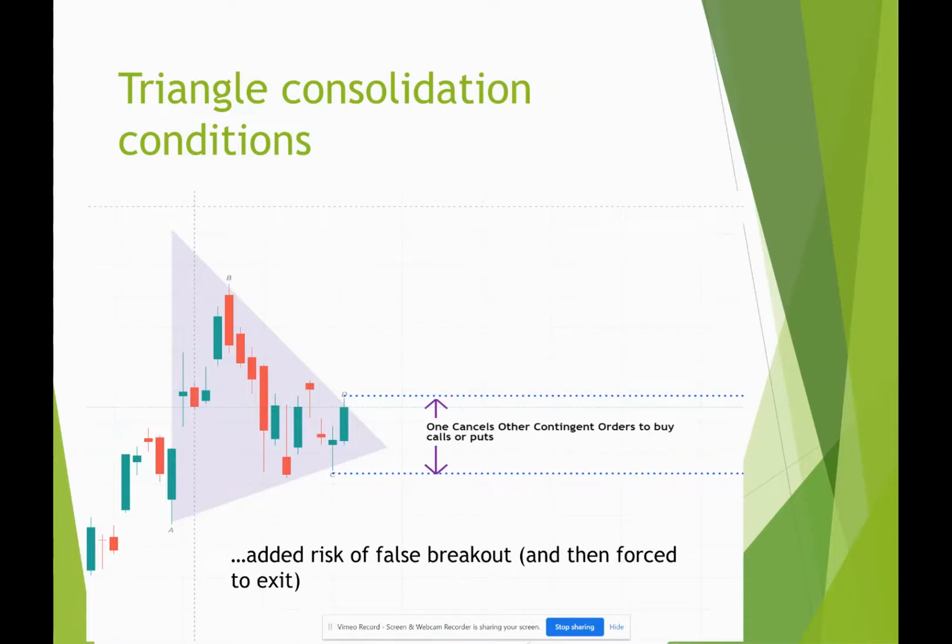There is definitely an added risk of false breakouts, which then force us to exit. And psychologically, that's tough, because we've got in our minds that this is the thing, it's going to break out, we're coiling, it's really going to go, and it's tough to psychologically get over the fact that you're wrong. So understand that you can be wrong in this type of directional trade.